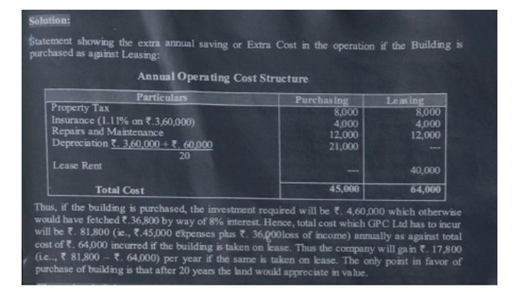If you're leasing an asset, you will need to spend 64,000, but if you decide to purchase an asset, you will lose the return on investing that amount in good securities, which is a loss of 36,800. And you need to spend for maintaining it, which is 45,000. So the expenses are actually more if you're purchasing, and the loss of income is also present, so it is better to take the property on lease.